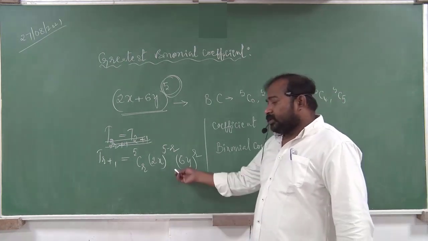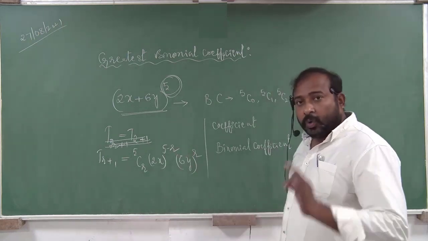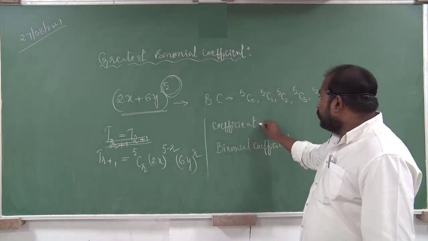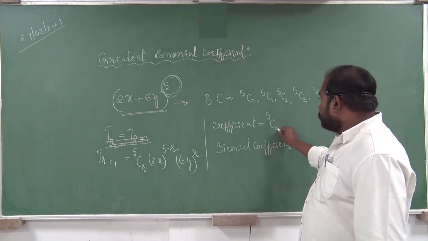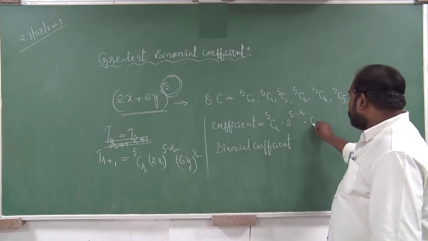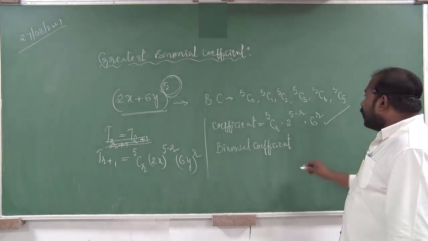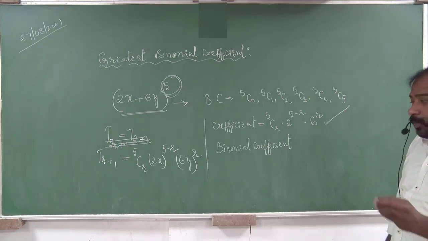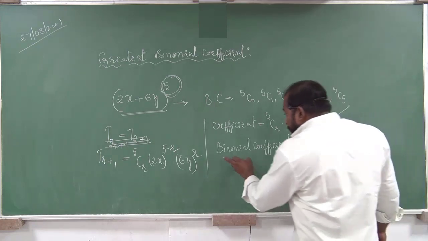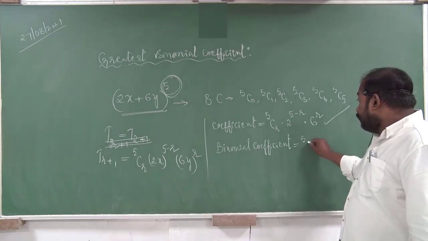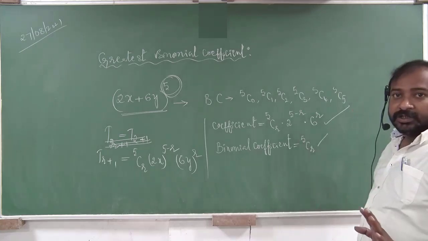If they ask in the general term what the coefficient is, the coefficient means 5Cr, 2 power 5 minus r, 6 power r. This whole value is named as the coefficient. If they mention the binomial coefficient, what is its value? Simply 5Cr. That's it.